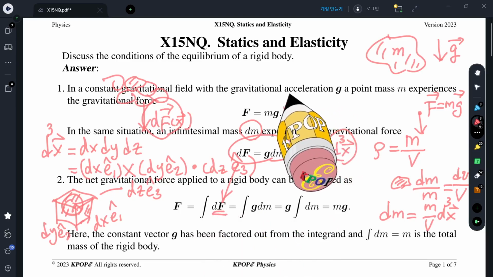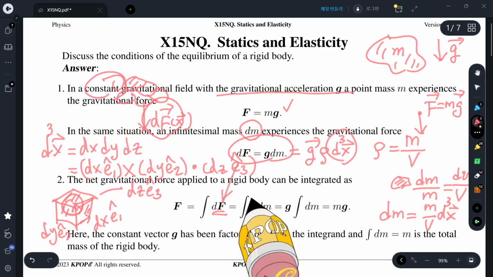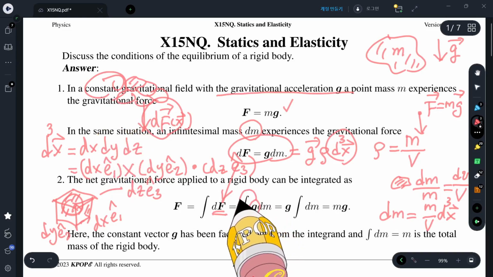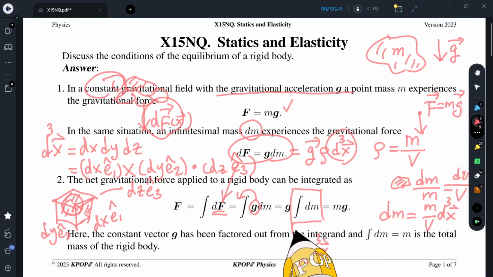And because this acceleration is a constant, we can factor this vector out of the integral, and we are left with the integral of mass or integral of density times volume. And actually, because g is factored out, it is nothing but the total mass of the rigid body.